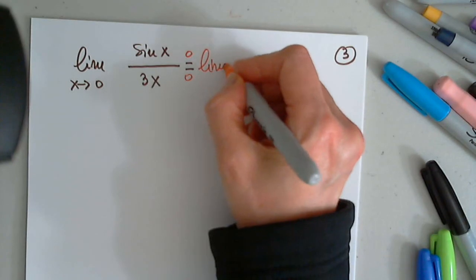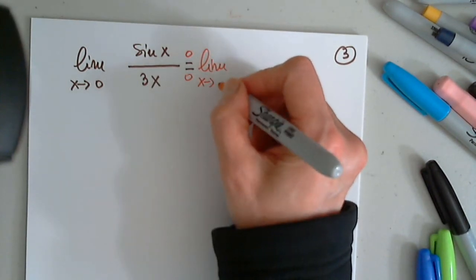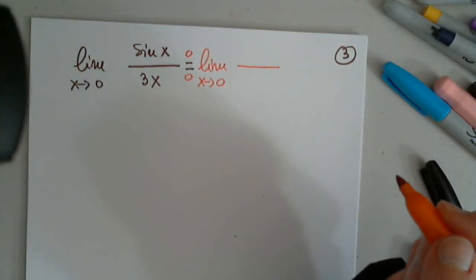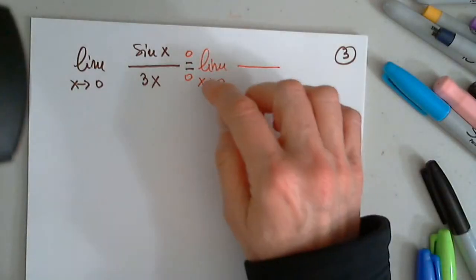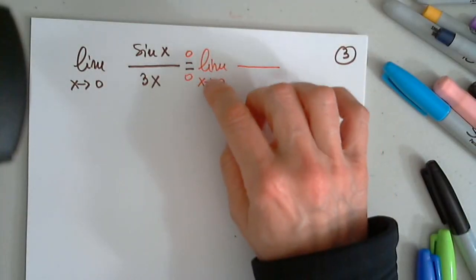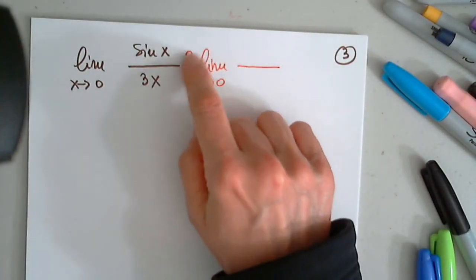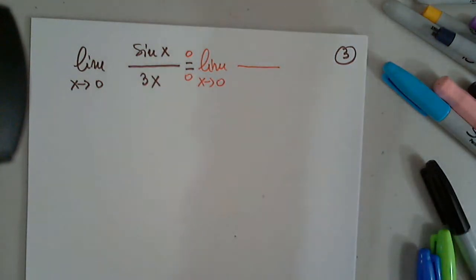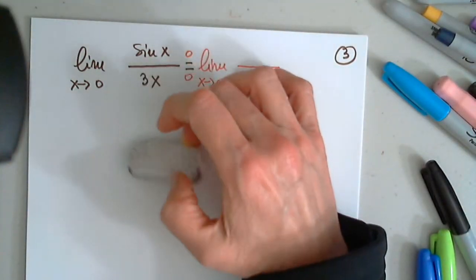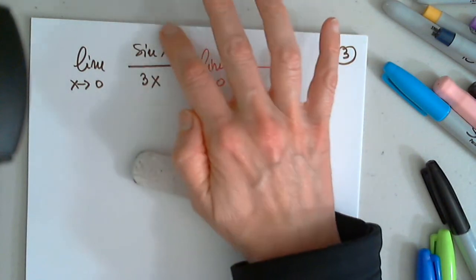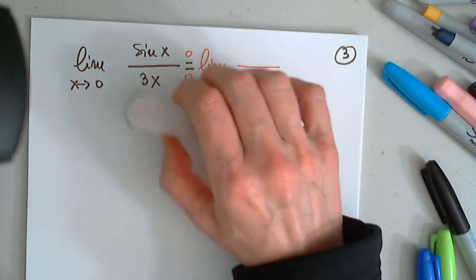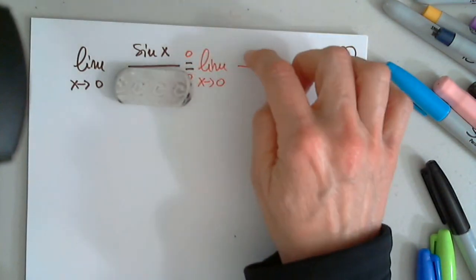So I copy the limit as x approaches 0. And I am allowed just inside the limit, I don't want you to get confused, only inside a limit, and only if it's 0 over 0 or infinity over infinity, I am allowed to differentiate each by itself. I'm not differentiating the function, because then I have to use the quotient rule. I am differentiating the top first.